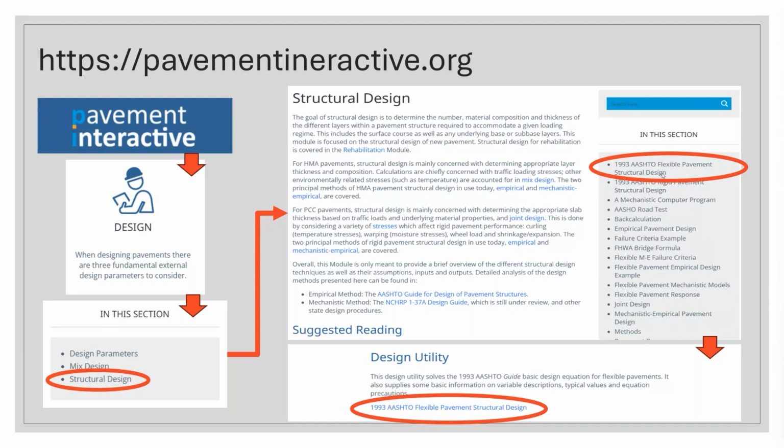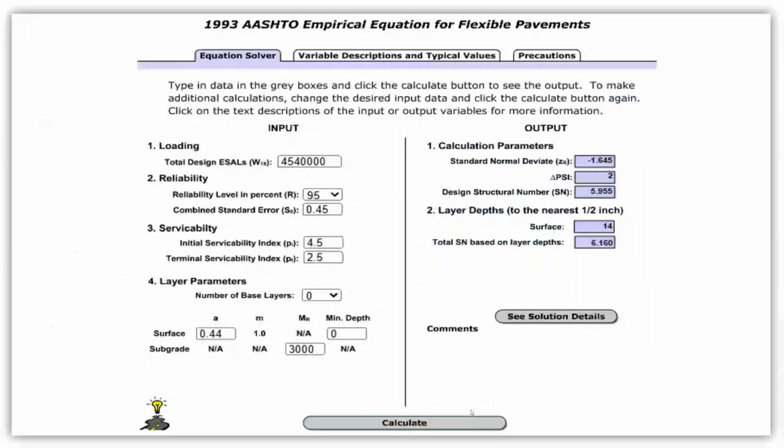And then you click that link, and it takes you to another link, you click the same thing, and that goes to an input page where you can put in all of those input values that we talked about. So your total design ESALs, enter a number. What's your reliability level? Enter your number. Your combined standard error, standard deviation overall, enter that number. And then your initial and your terminal serviceability, it will calculate the delta PSI for you.